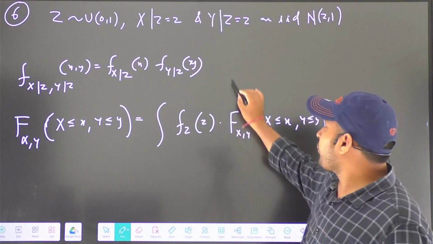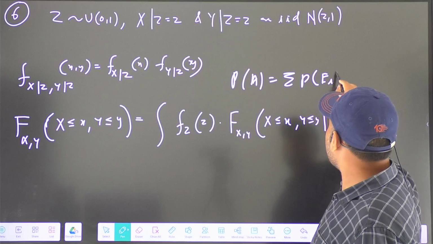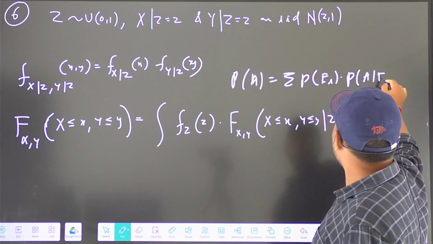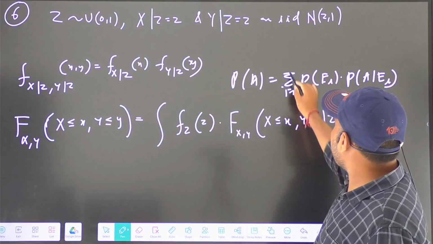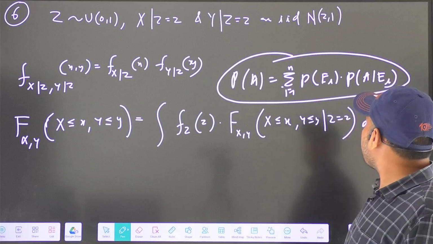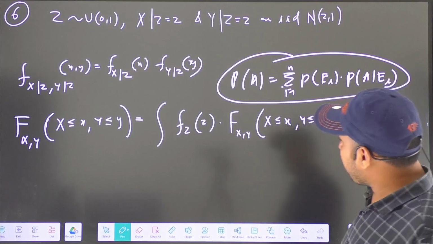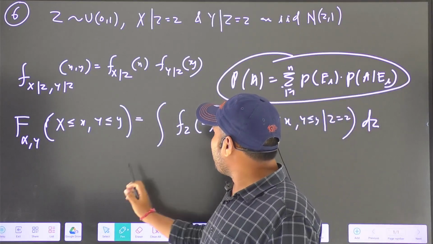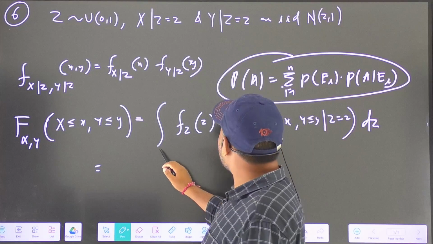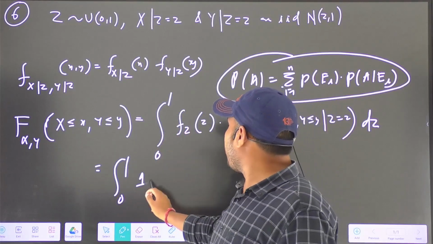You know, the probability of event A is the summation of the probability of E_i times A given E_i, when E_i are discrete. So when it is continuous, you can write like this. Use this. And Z will range from 0 to 1.